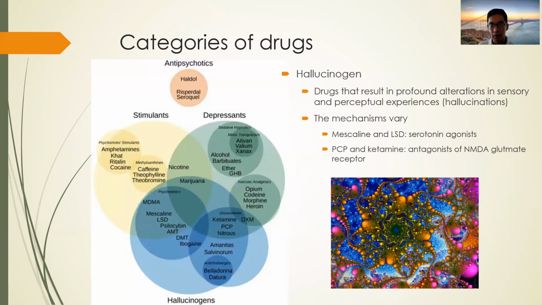In the textbook, there are two examples: mescaline and LSD. These two hallucinogens are agonists of serotonin. And PCP and ketamine are antagonists of a certain neurotransmitter receptor, called the NMDA glutamate receptor.